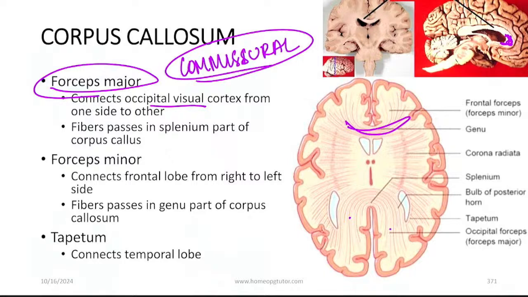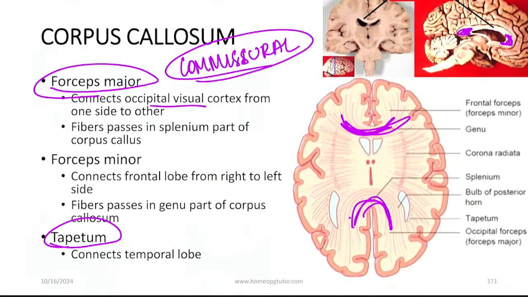You see it over here, right? Compared to the occipital or posterior portion, the anterior portion is called the forceps minor. Similarly, the posterior portion which connects the occipital lobe is called the forceps major. Then coming to the tapetum, it connects the temporal lobes to each other.